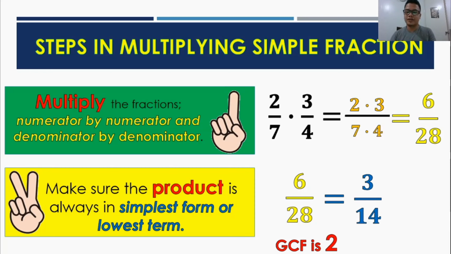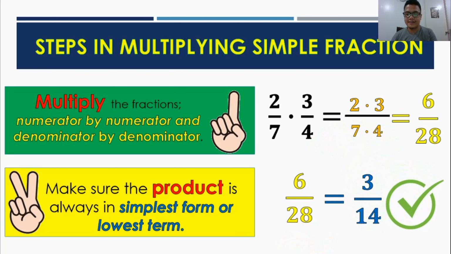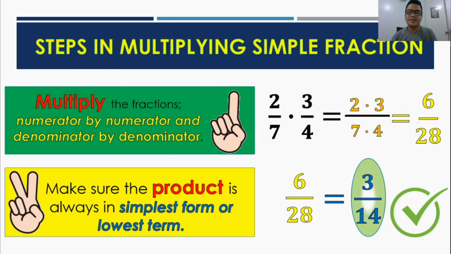Divide the fraction by 2. So 6 divided by 2 will give us 3, and 28 divided by 2 will give us 14. Is our answer in simplest form? Yes. Therefore, 6 over 28 is equal to 3 over 14, and 3 over 14 is in simplest form.